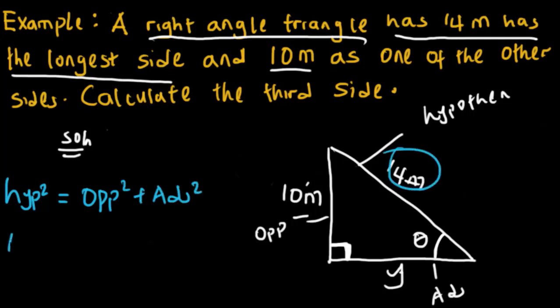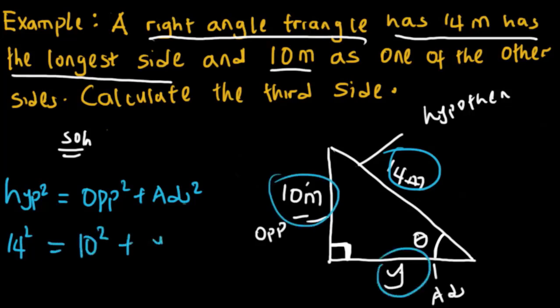So we've got 14 square equals, what's the opposite? 10. So we have 10 square plus adjacent y square. Now 14 square is 14 times 14, which gives us 196, equals 10 square, which is 10 times 10, that gives us 100, plus y square.